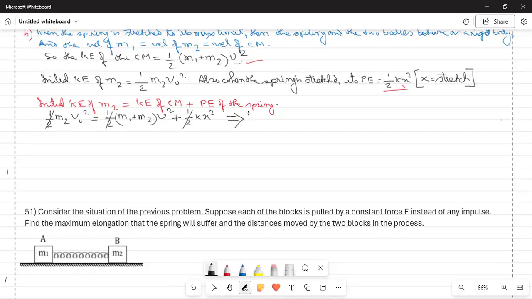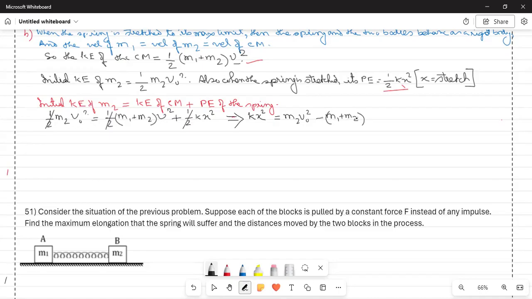K x square, because we have to find out x finally, K x square is equal to M2 V0 square minus (M1 plus M2) into v square.